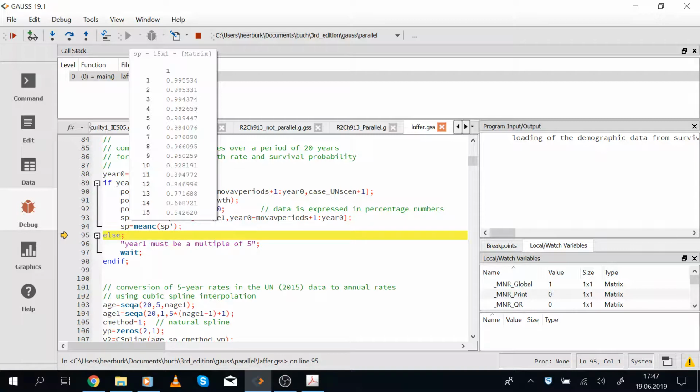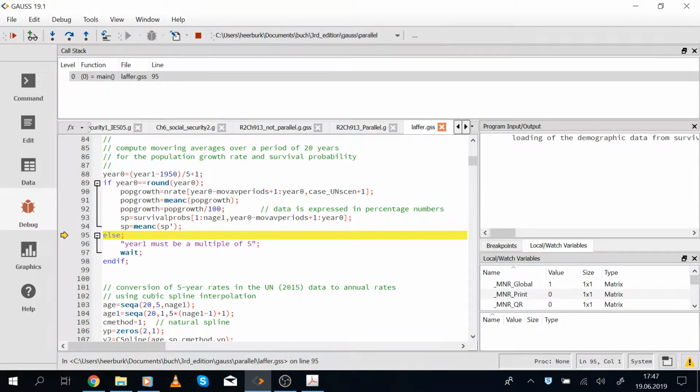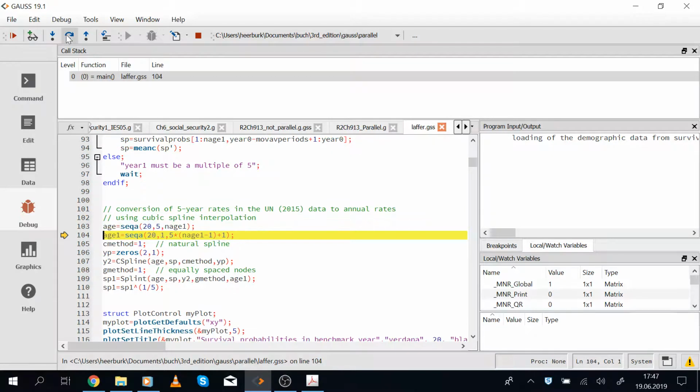And these are 5-year values, so we have to transfer them to annual values, which is done in the following lines 103 through 110. What we do is we use a cubic spline interpolation between these values and convert them from 5-year to 1-year rates.